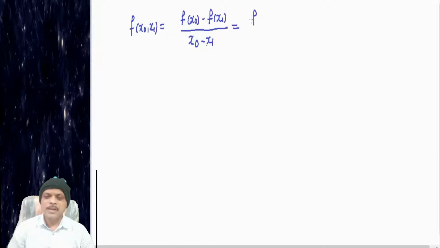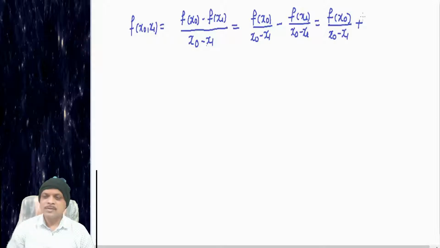We write this as f of x0 divided by x0 minus x1 minus f of x1 divided by x0 minus x1, equal to f of x0 divided by x0 minus x1, and taking minus common from the denominator, minus becomes plus, and we write this f of x1 divided by x1 minus x0.